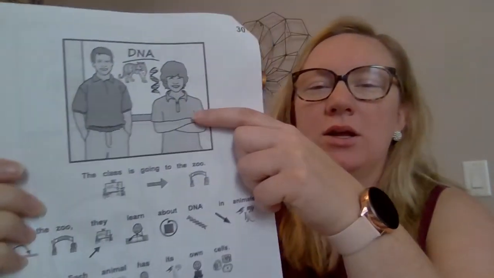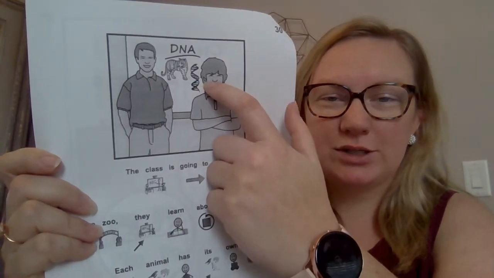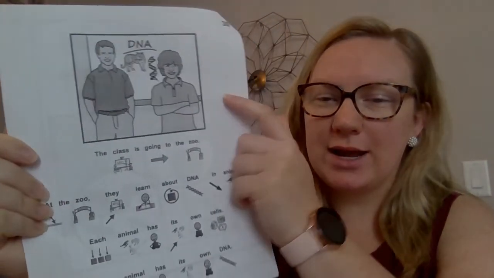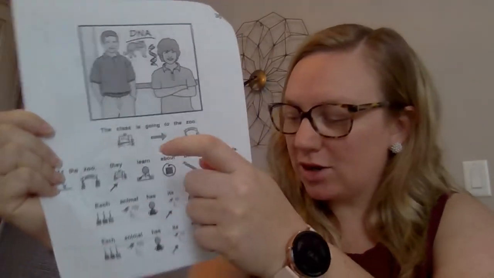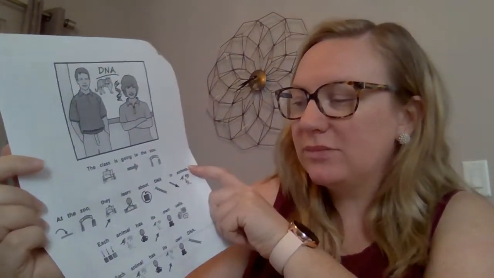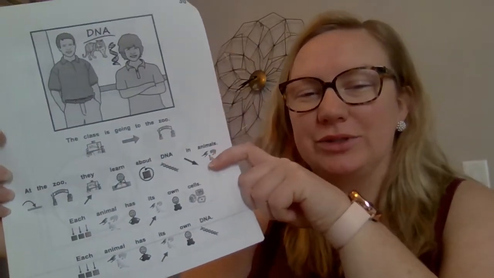We've got Todd and his teacher, and it looks like on the whiteboard behind them they're going to talk about DNA in animals. All right, the class is going to the zoo. At the zoo, they learn about DNA in animals.